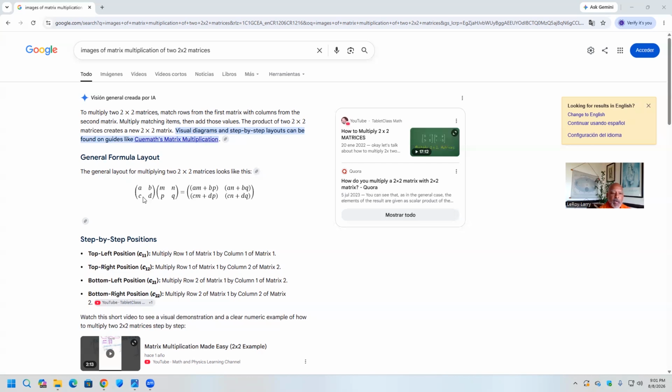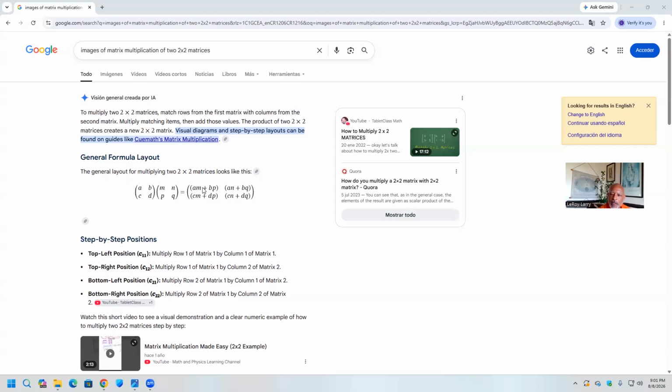When you multiply those two together, the way you do it is A times M, AM, plus B times P. And that gives you the first element in your resulting matrix.